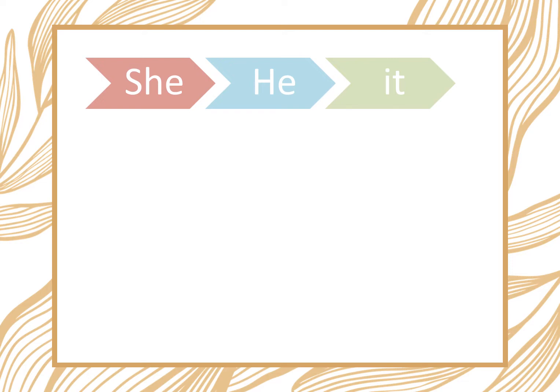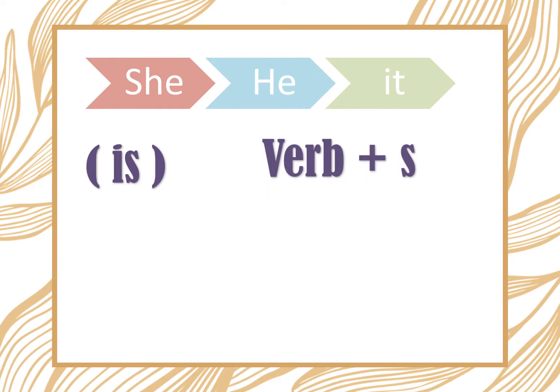So the first thing, for the pronouns she, he, and it, we will use is. For example, she is a smart student, he is a clever boy. Or we are going to use the verb with s.